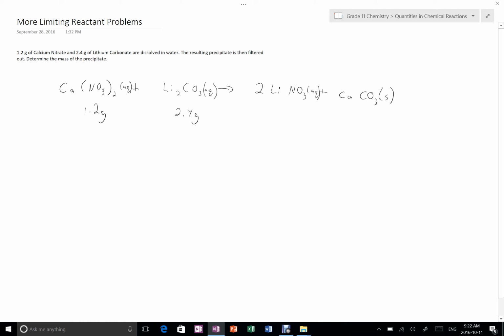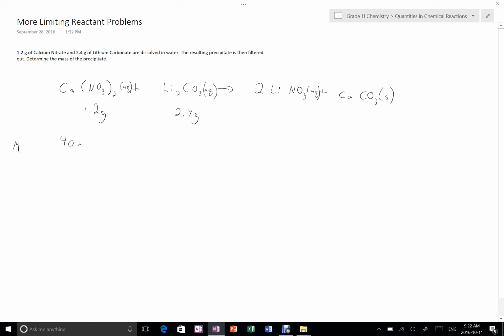How can I figure out which one of them is going to run out first? Step number 1, I have to deal with the mass of the individual particles to figure out how many particles I have. So I'll find the molar mass of these. Calcium is 40.